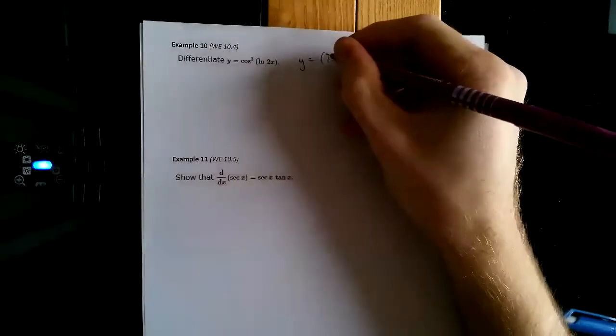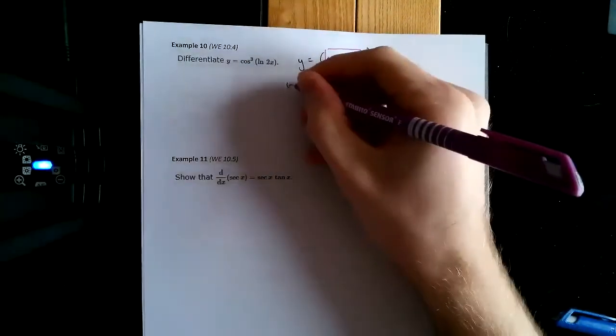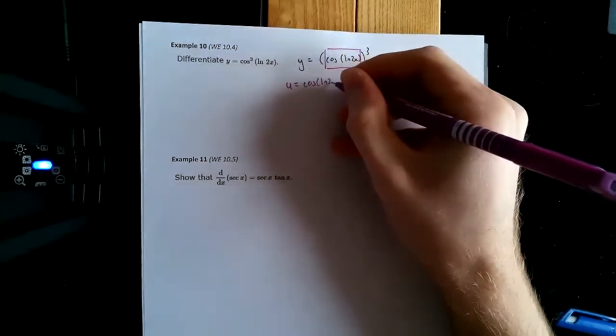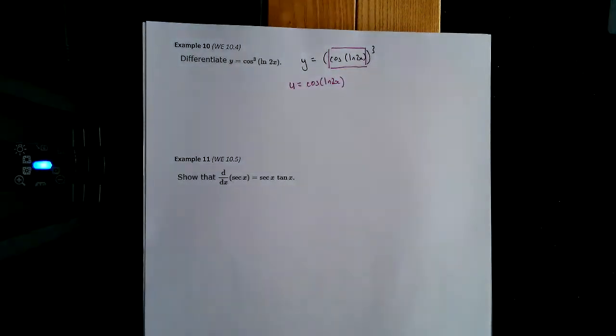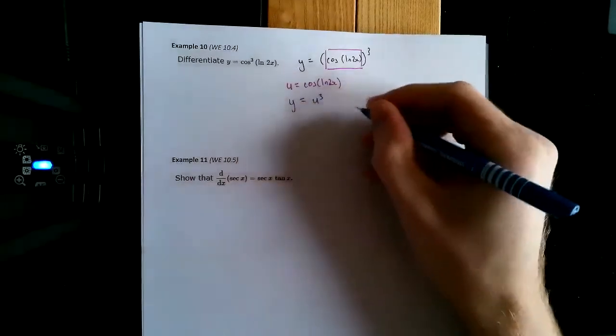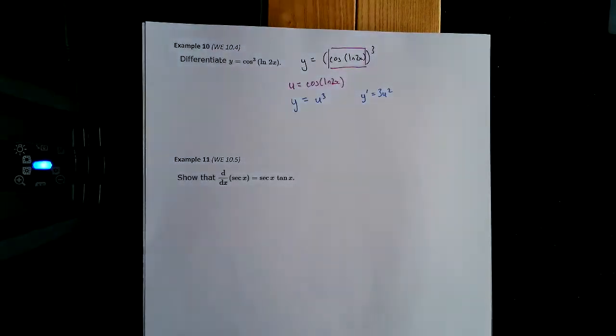So my u is cos ln 2x. So therefore, my y becomes u cubed. Differentiate y, we get 3u squared.